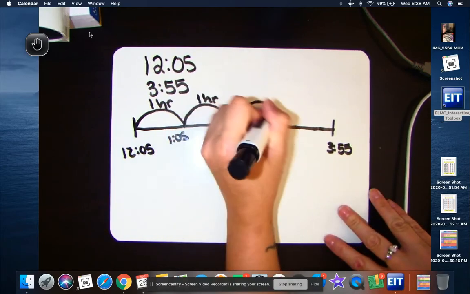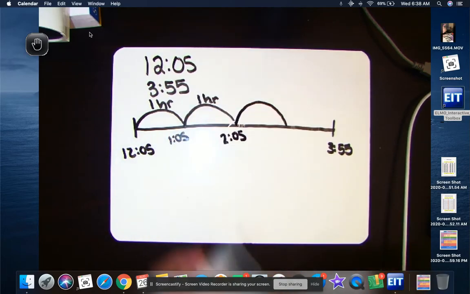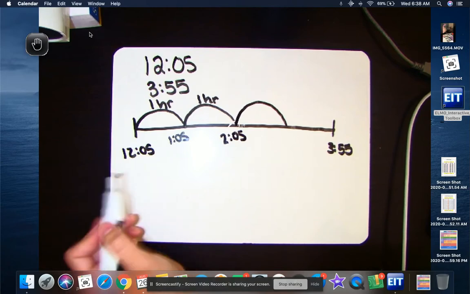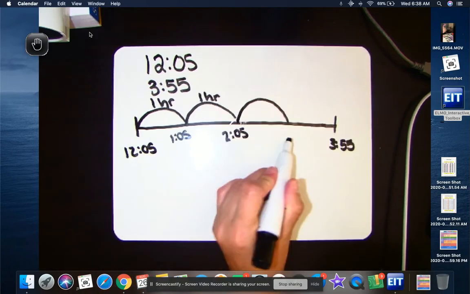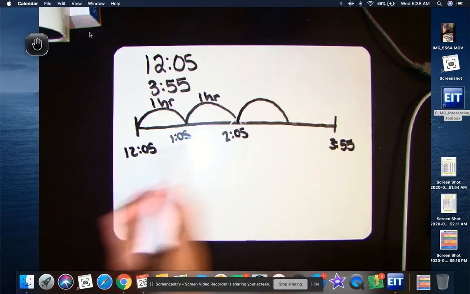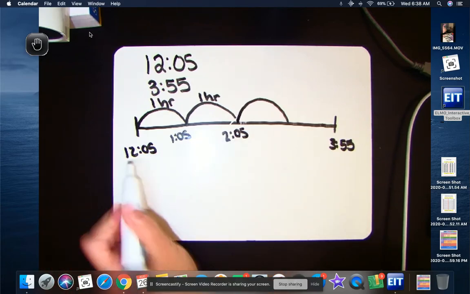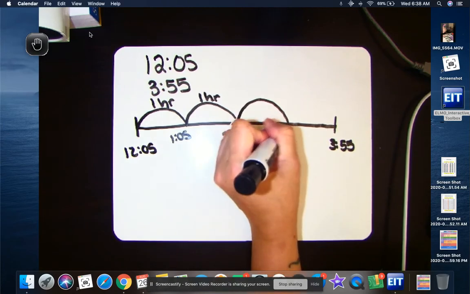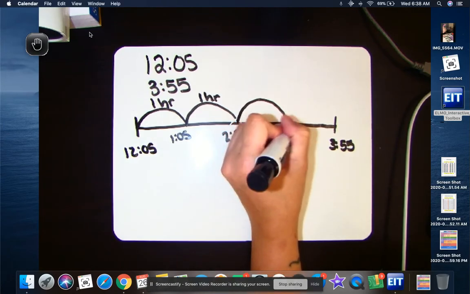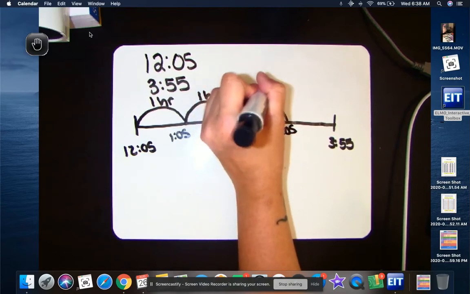Then I want to do another hour. If you can see the pattern, my hours are increasing by 1, but my minutes are staying the same. So I've got 12:05, 1:05, 2:05, and the next one is going to be 3:05. That was 1 hour.